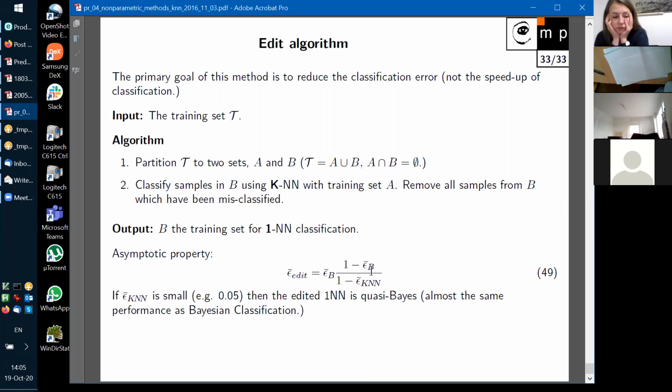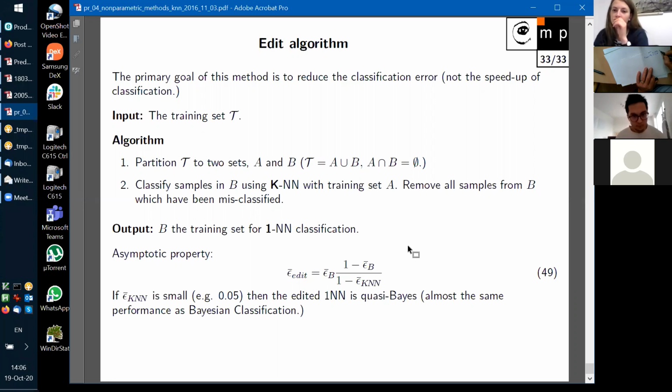So let's get some numbers. The edited error is the edit bias, so that was maybe say 2.6%, and here we have something minus, say, the error of Bayes, so something like 0.02, and this might be 1 minus 0.03.